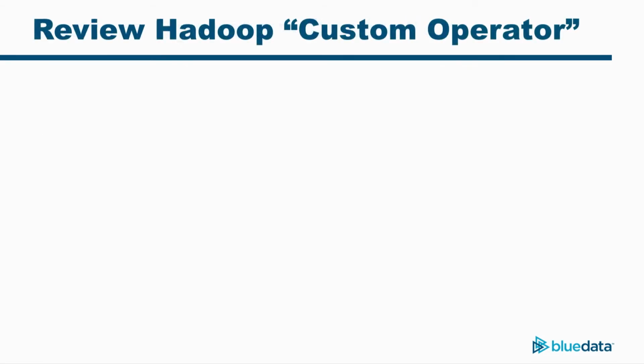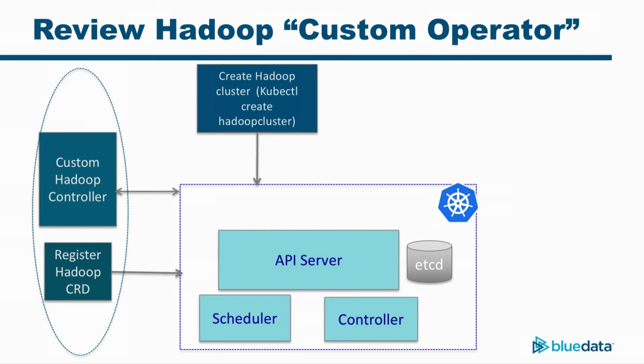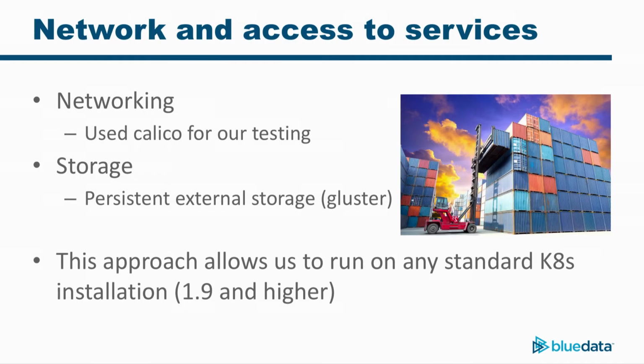So, if you review now, if you go back to the controller with the definition, you will see that a lot of work is actually done within the controller, just using the constructs of Kubernetes. And in addition, you can actually have the controller do your AD integration, enabling your Kerberos, and all the other security setup that has to be done. Right?